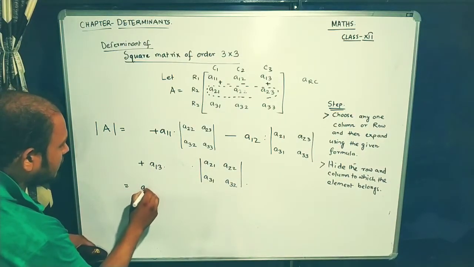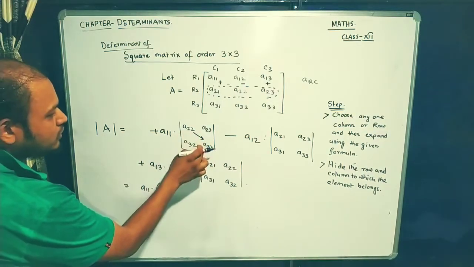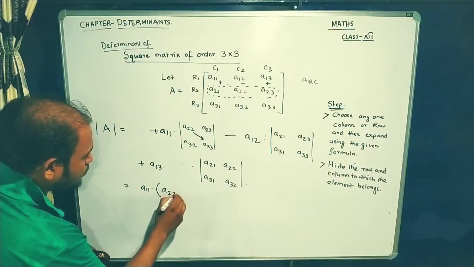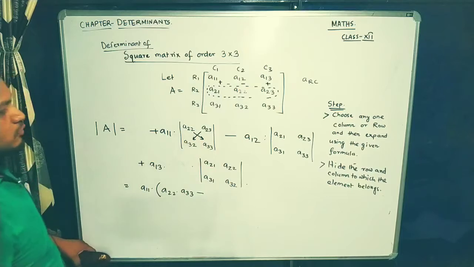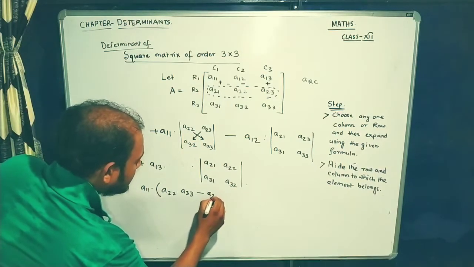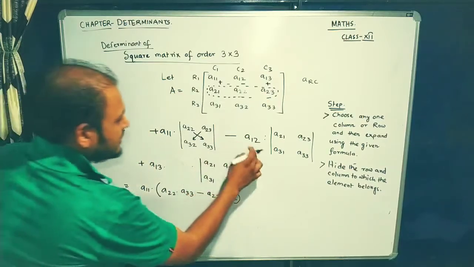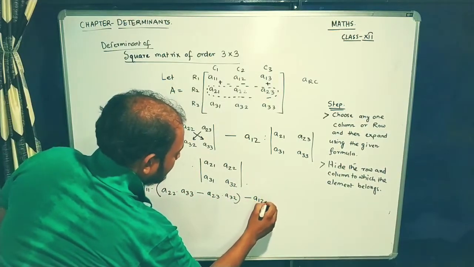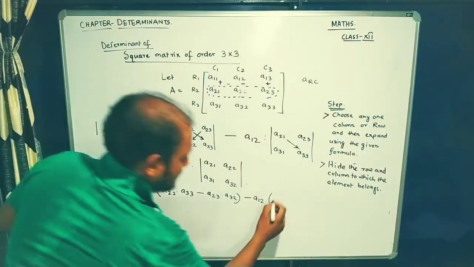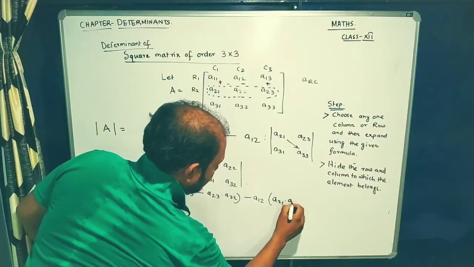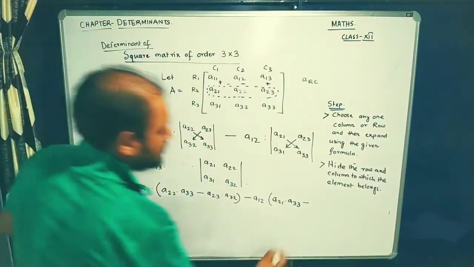We get a11 into, how to find the determinant of this, a22 into a33 minus a23 into a32. Okay, then minus a12 into, again, a21 into a33, then minus a23 into a31.